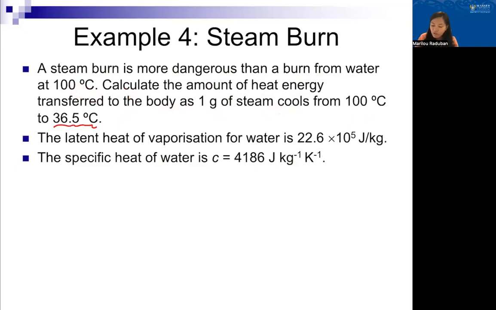And we have here just the constant numbers. The latent heat of vaporization for water, that's when it goes from liquid to gas, is given here, and the specific heat of water is also given. So latent heat, that means L, L subscript V, vaporization.